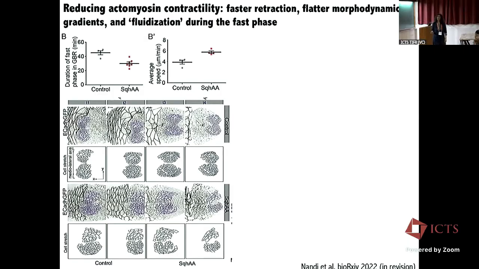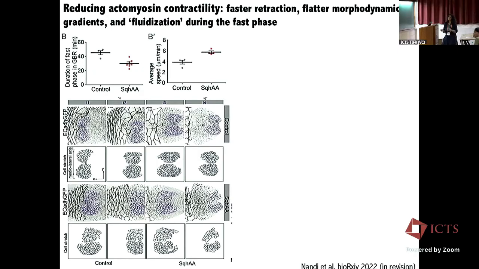And the first thing we saw was that if you perturb actomyosin contractility in this part of the germ band, then you don't see such a nice radially organized structure. But what was surprising to us was that the duration of the fast phase was reduced and the average speed in the fast phase was increased.